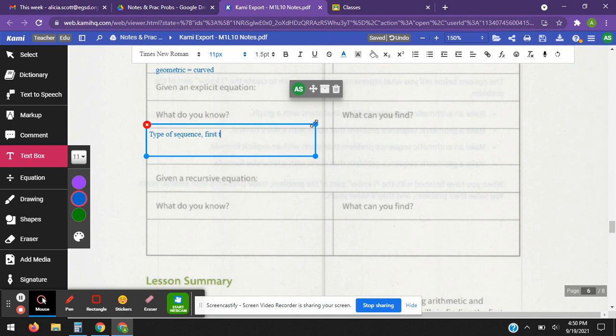First term, right? Because our explicit equation will give us our first term.